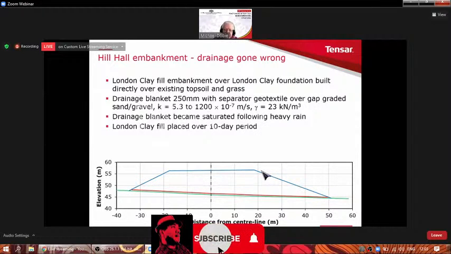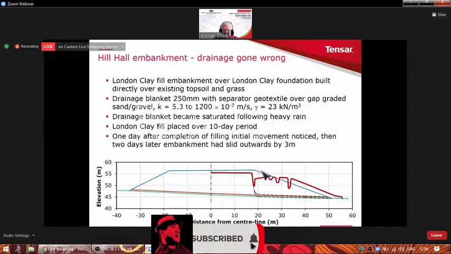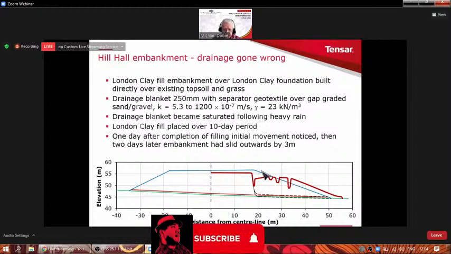And then, as is often the case with earthworks, the contractor suddenly got very busy, and he managed to place all of that London clay fill in a 10-day period. And at the highest point, it's something like 12 meters high. So a huge amount of clay placed extremely quickly. And unfortunately, within a short time after completion, it starts to fail.